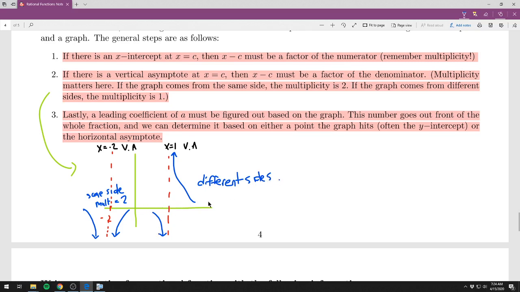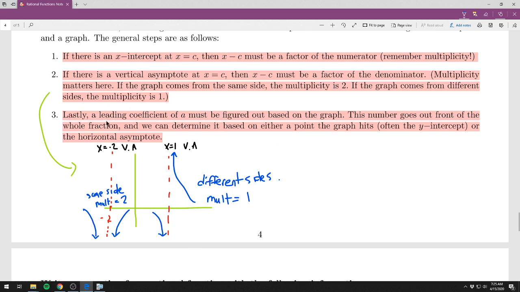Then the multiplicity equals 1. And I'll just remind you that's similar to the x-intercept thing. If it stays on the same side, if it only bounced off the x-axis, the multiplicity we used is 2, and if it passed through, the multiplicity was 1. Right, so that's really the main added step.